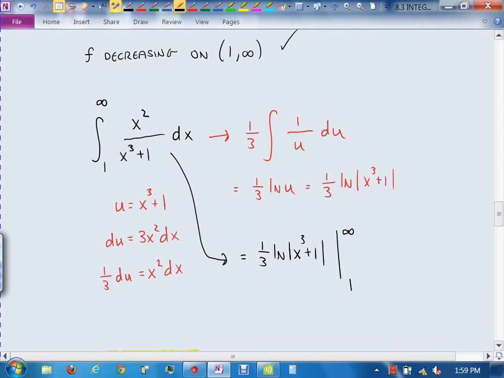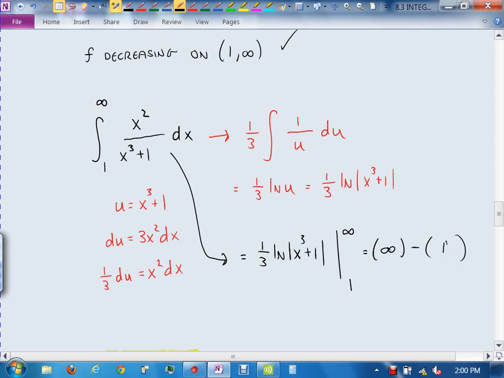What happens when you plug in infinity? Infinity cubed plus 1 is infinity. What's the natural log of infinity? Infinity. Done. This diverges, right? So we're done. I could put here it's infinity, and then if you plug in 1, who cares?